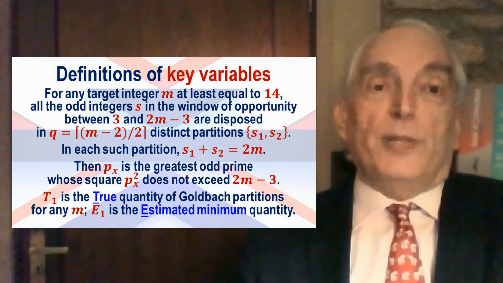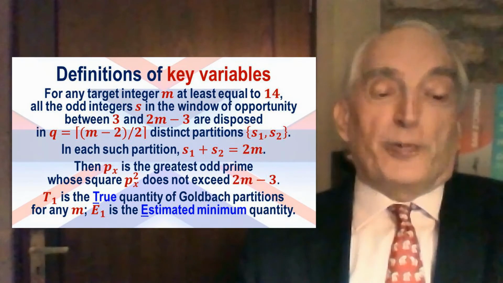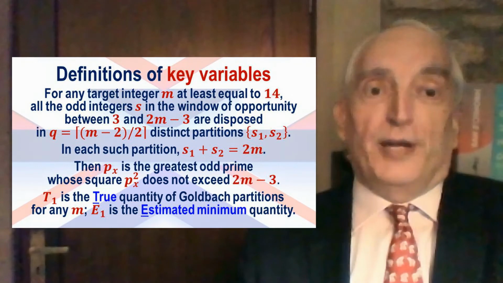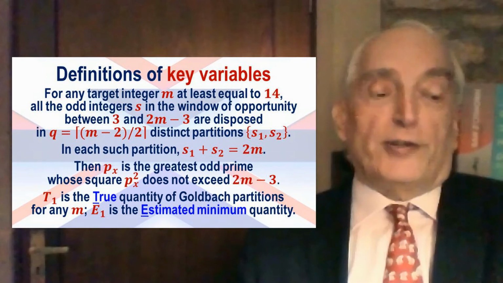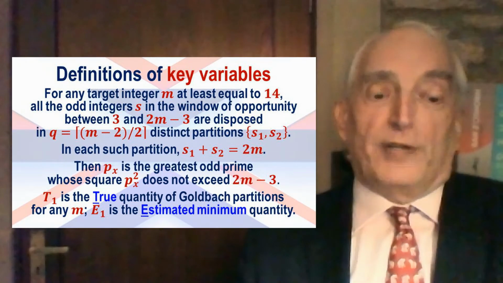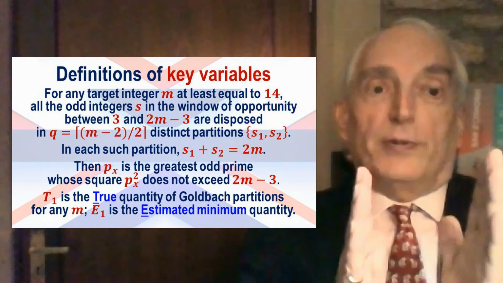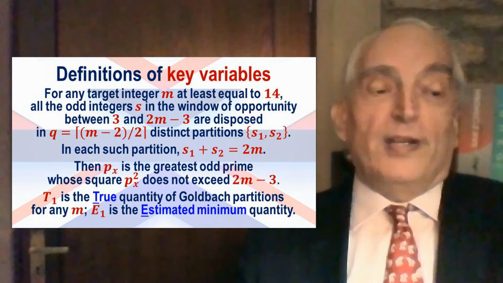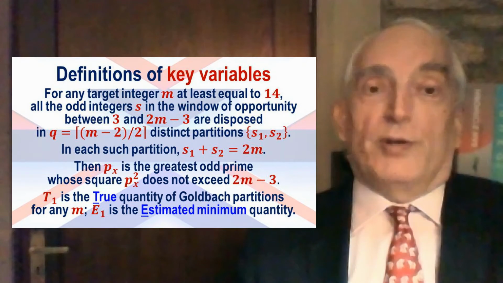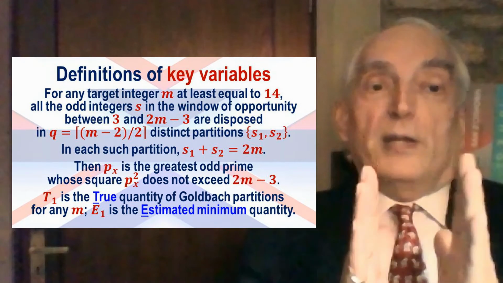Then we take px as the greatest odd prime whose square, px squared, does not exceed 2m minus 3. And we recap that T1 is the true quantity of Goldbach partitions in that window of opportunity in relation to any m, and E1 is the estimated minimum quantity that we would expect to see in that window of opportunity.